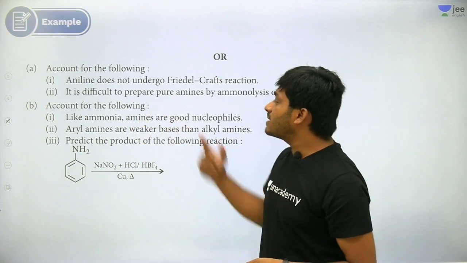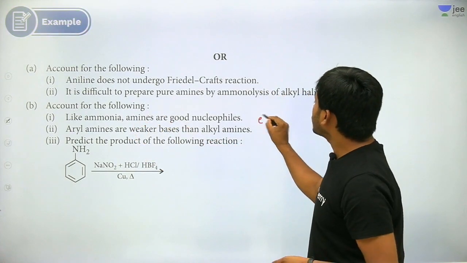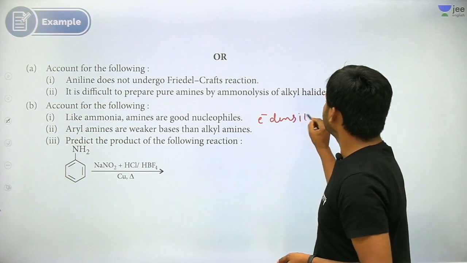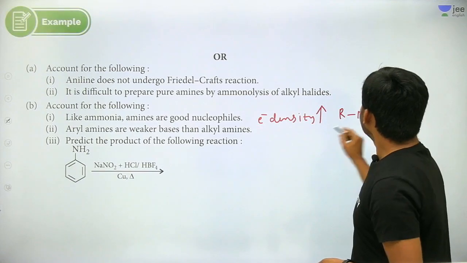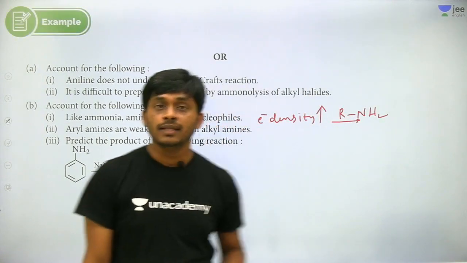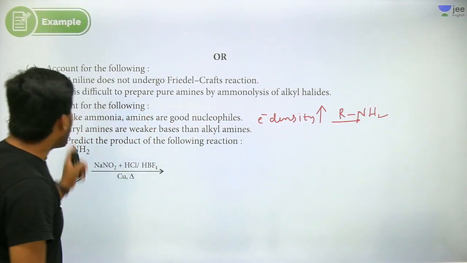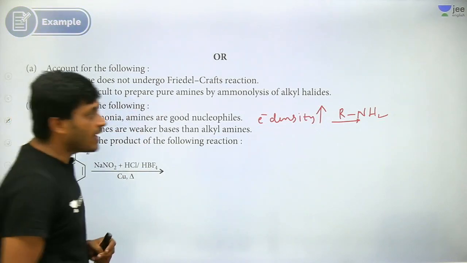Like ammonia, amines are good nucleophiles. What is the reason? Electron density is increasing. In RNH2, R is an electron releasing group, it is giving electrons. Aryl amines are weaker bases than alkyl amines. Why?